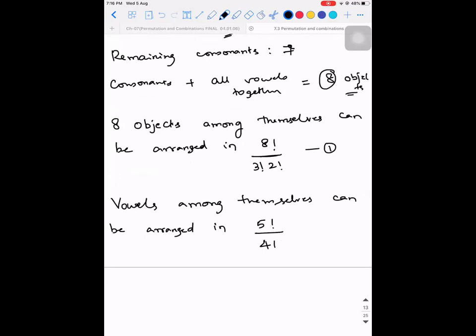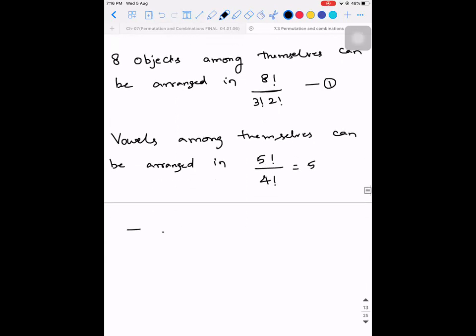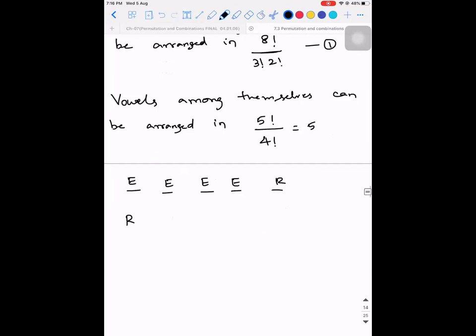I can give you the explanation for this 5 factorial by 4 factorial, which is nothing but 5 only. Because how many blank spaces do I have for 5 vowels? 5. So, this is one way, I put R first. Second way. Third way.